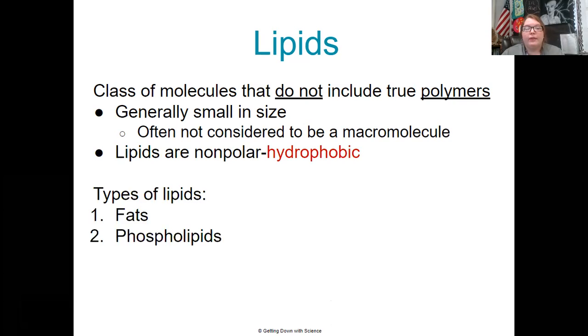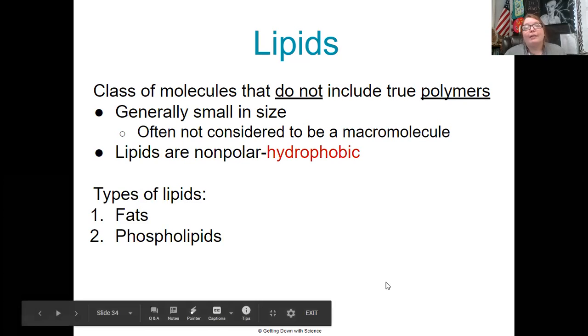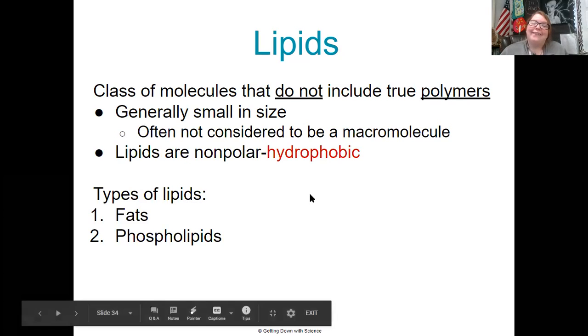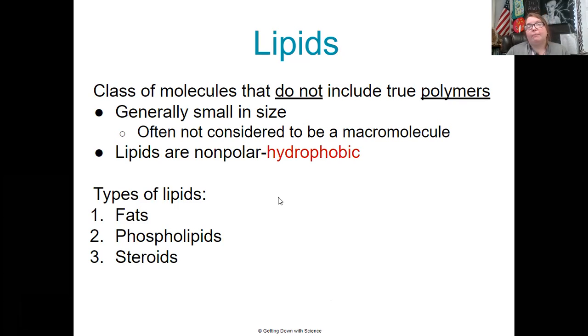So there are types of lipids. We have fats, which we are super familiar with, and as someone who loves to bake, I am aware of fat, okay? Phospholipids, we're going to talk about what that means in a second. Steroids, this doesn't just mean the bad-for-you steroids that athletes get in trouble for taking. Those are anabolic steroids, which are a type of steroid.